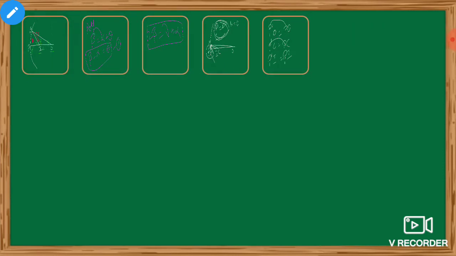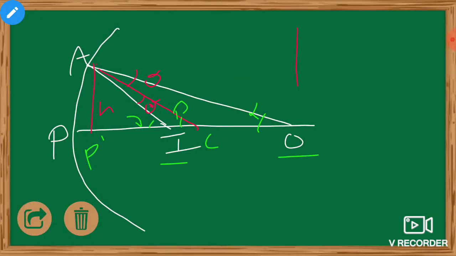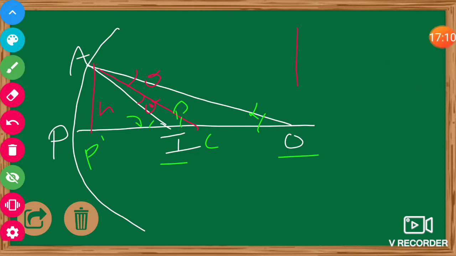Here I will show you the big figure. To find out tan alpha, what is the opposite side here? To find out alpha, AP dash is the opposite side; in the earlier figure P dash is equal to P. Then to find out beta also, AP dash is the opposite side. To find out gamma also, AP dash is the opposite side.